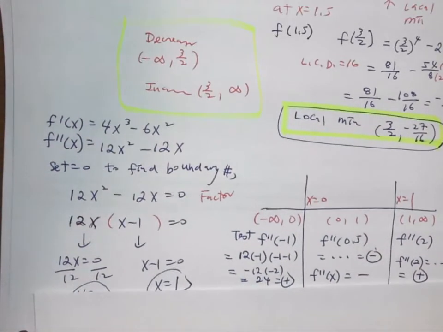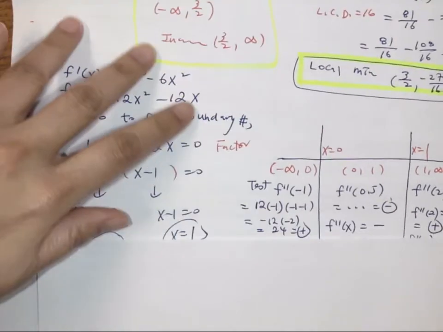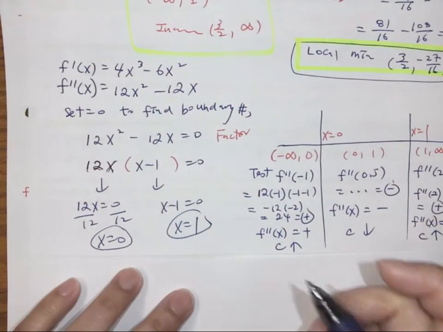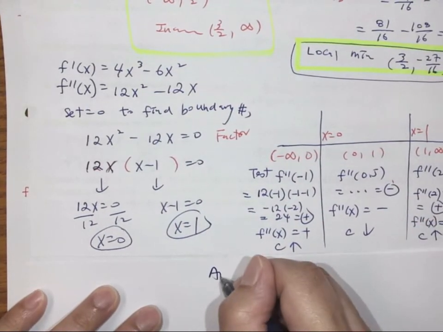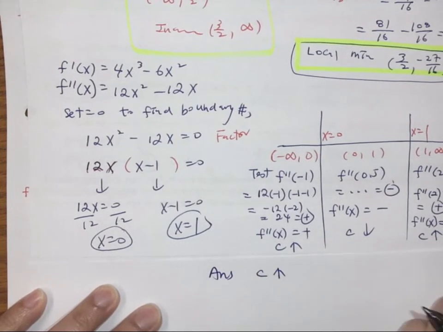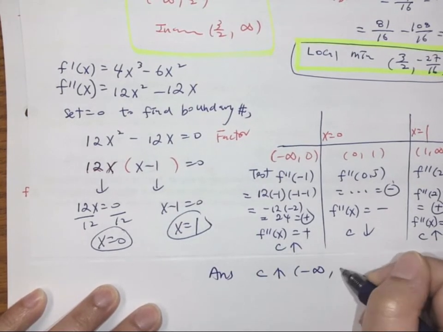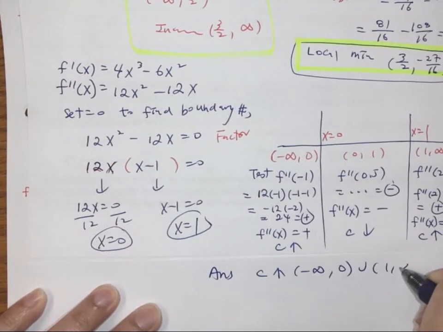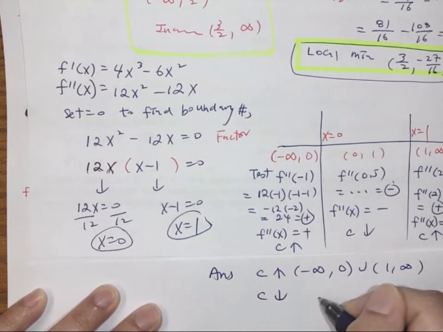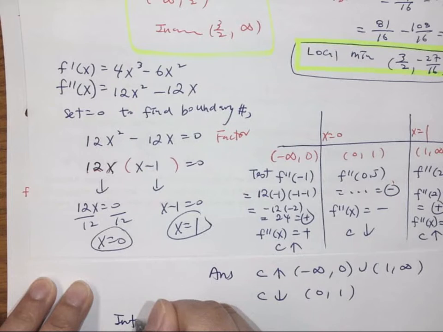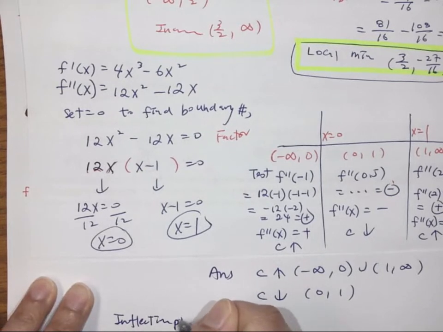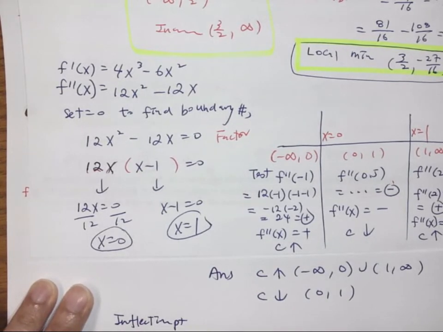So for the concavity part, concave up, we have negative infinity to 0, also 1 to infinity. Concave down, we have 0 to 1. Inflection points, we got x equal to 0, x equal to 1.